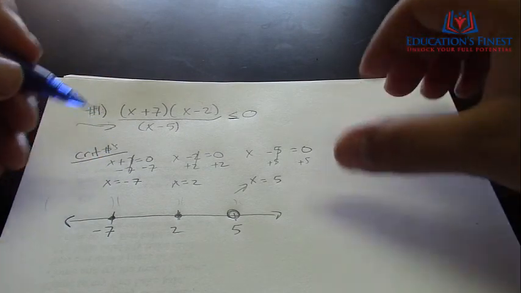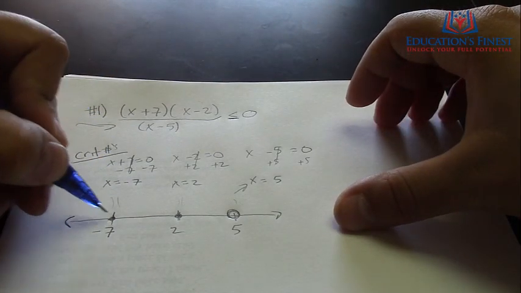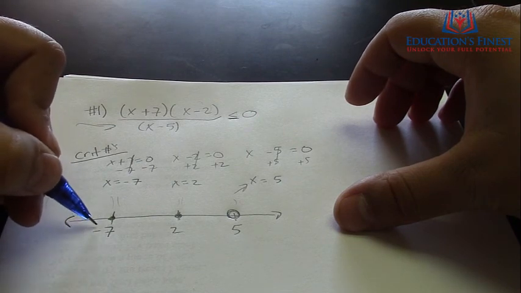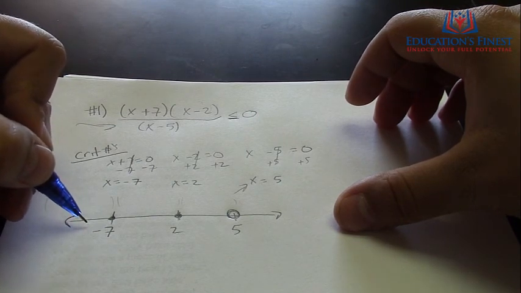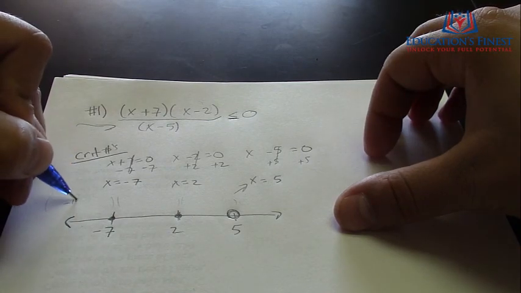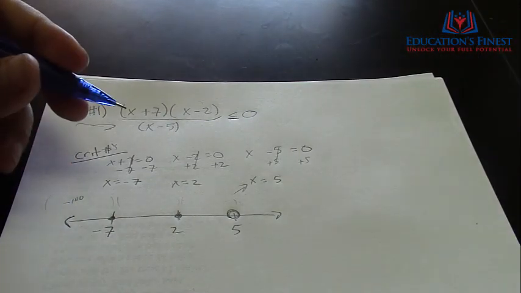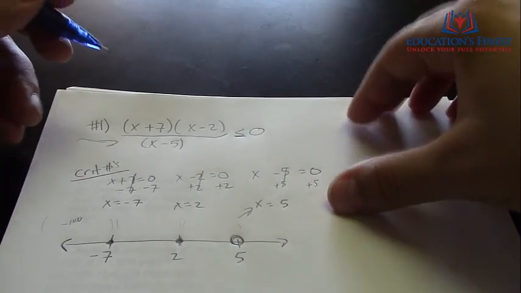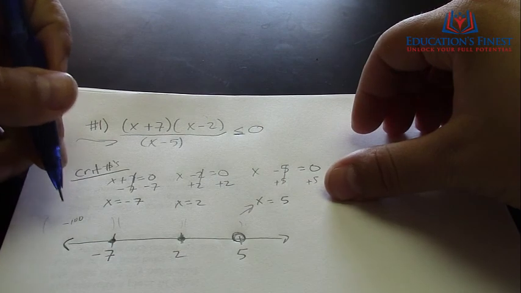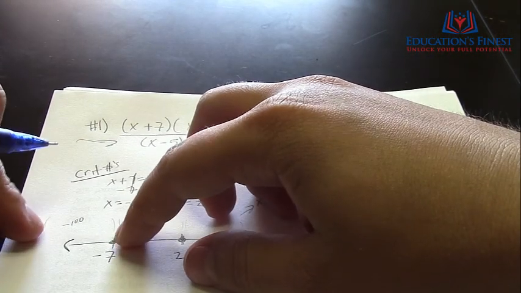What I teach my students is, over here you have to pick a number that's to the left of -7, so -8, -9, -10, etc. What I do is I test -100. The reason I pick that is because it makes it very obvious what we're doing. You're testing just this section here.